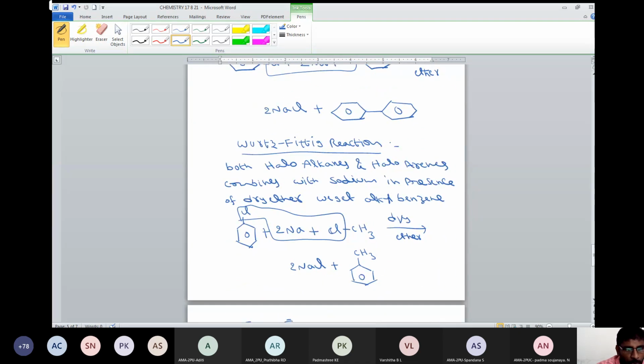One haloalkane and one haloarene combining, the reaction name is Wood-Fittig reaction. So this is the reaction with sodium. We are taking reactions with metals. The first metal we have used is sodium. Next is magnesium, which we will see in the next class. Up to here, everybody understand, I hope. Practice this. Thank you very much. You can leave now.